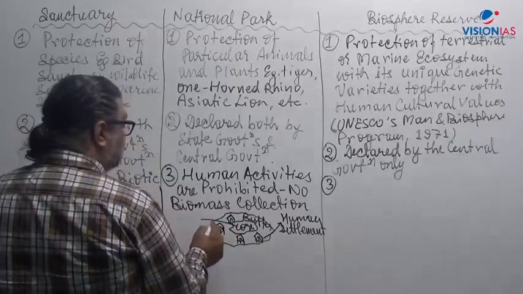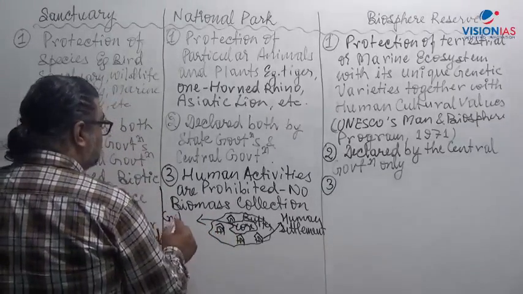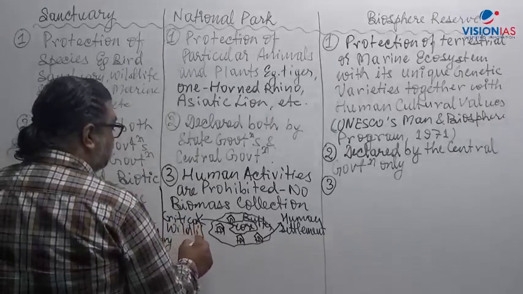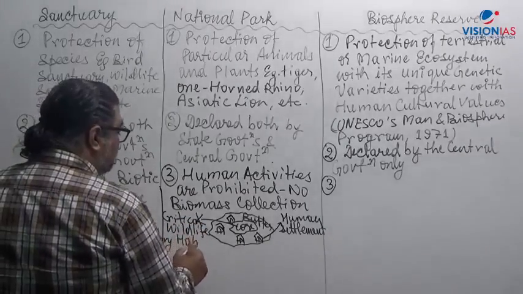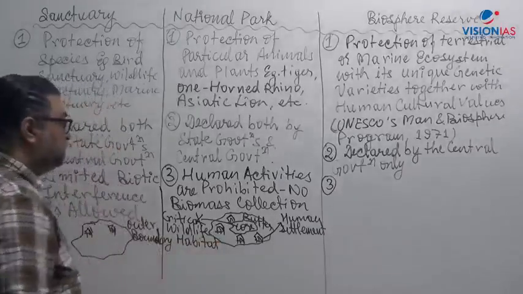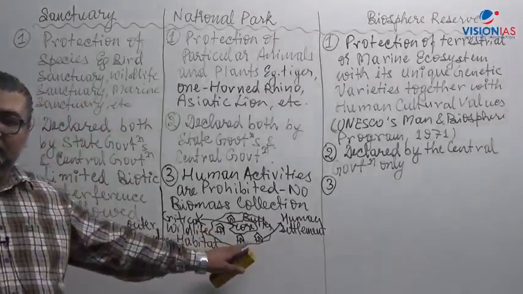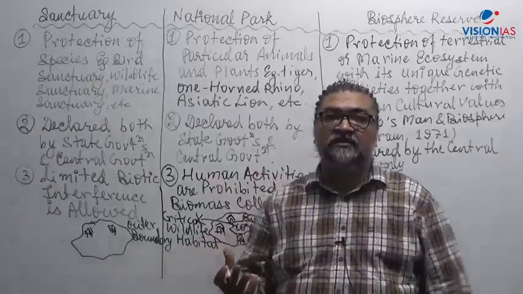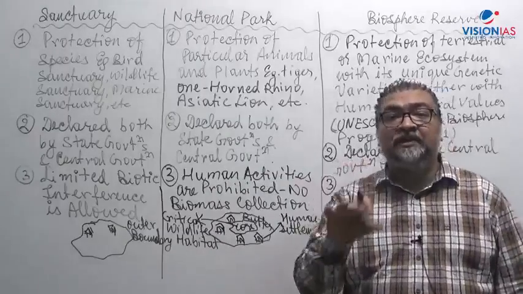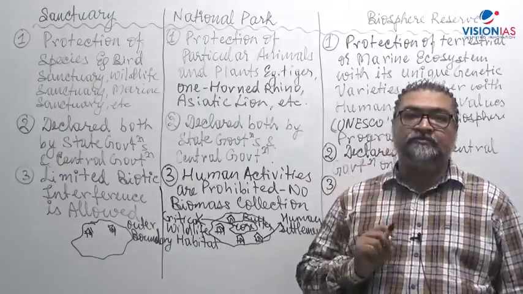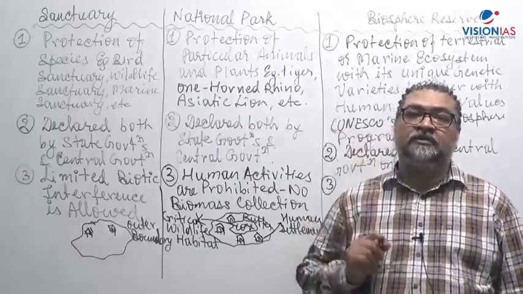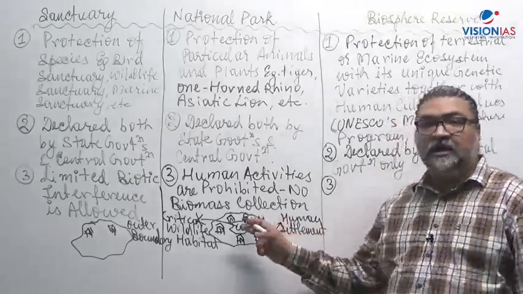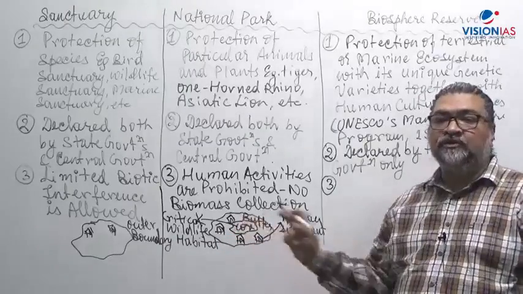It is called critical wildlife habitat, for protection of the animal or plant, whatever it may be. The core area is declared in the national park for, let's say, the rhinoceros or Asiatic lion or whichever species are there. So there is a critical wildlife habitat. That is the core area. And economic use cannot be there inside the national park. Economic use happens outside, in the buffer zone, where you have human settlement.